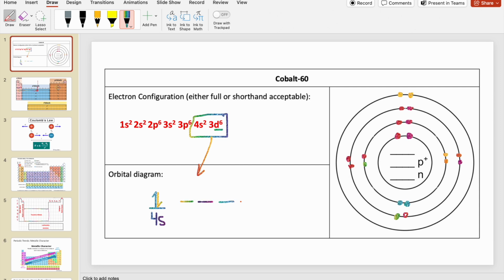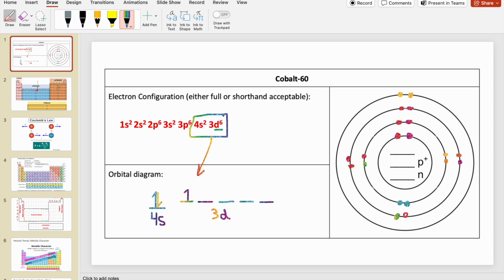Because each line or each orbital can have 2 electrons, I have 5 lines times 2 electrons can give me up to 10. Now the 3d orbitals are higher in energy than the 4s, and that's why they get filled later. So once you put these 2 into the 4th ring, you're going to go back to the 3rd ring and put in 6.